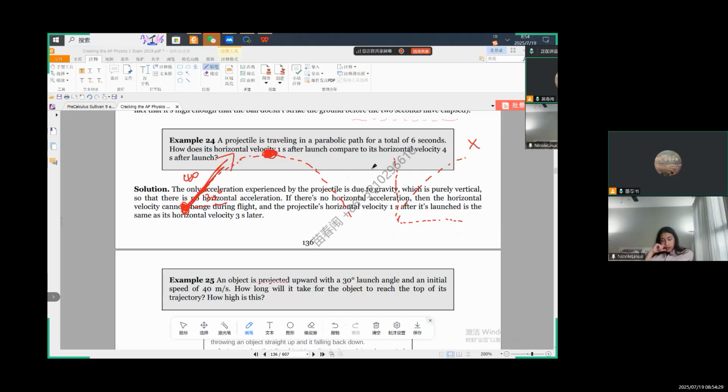How long does it take to reach the top? The top is vertical, right? So this is the T they want to use. They want to find out the T. And what we know is we have g, acceleration, right? And it's going to the top, so it's negative.